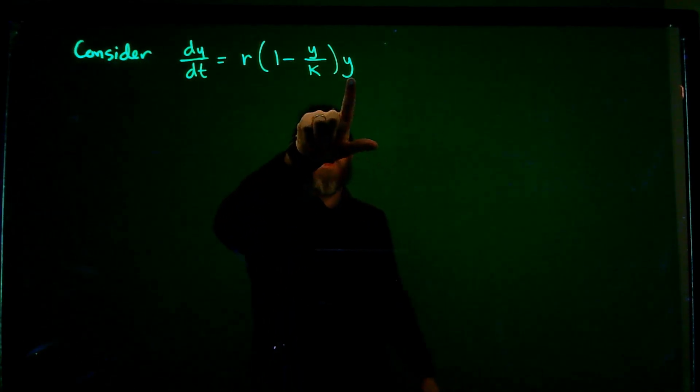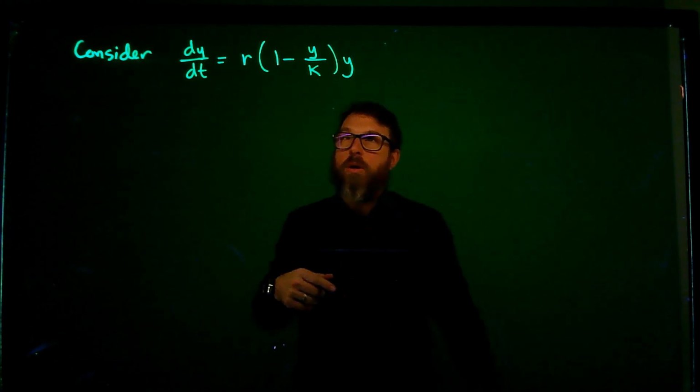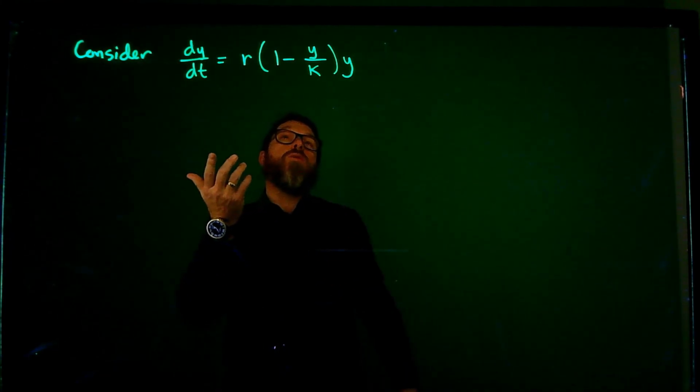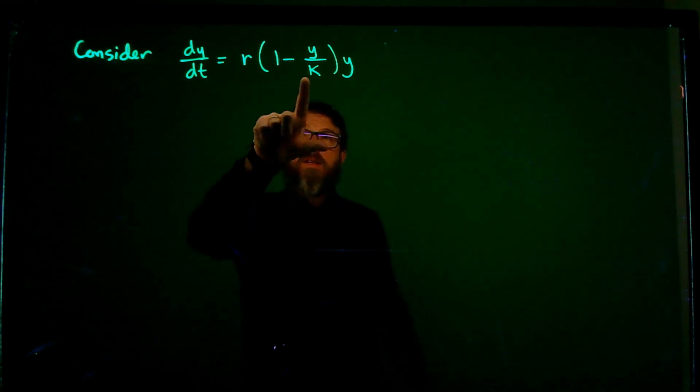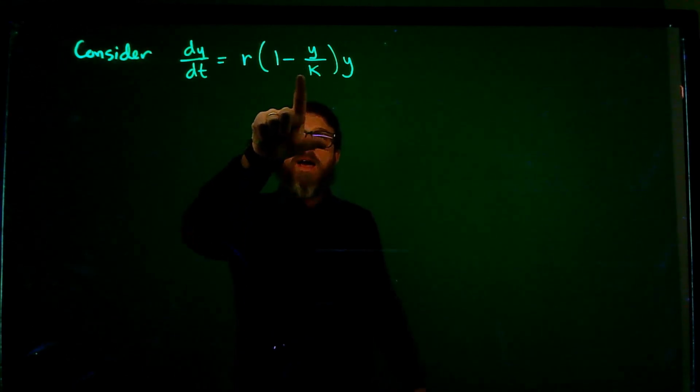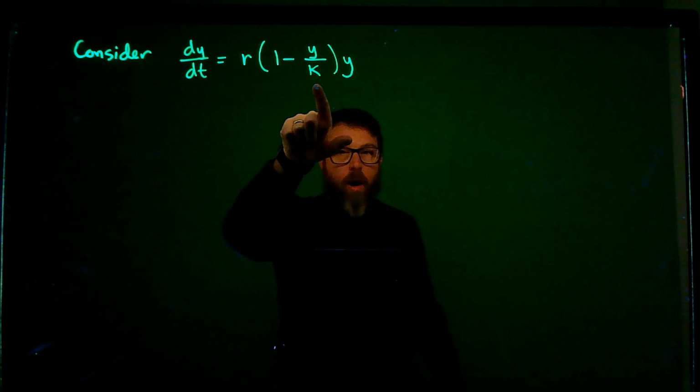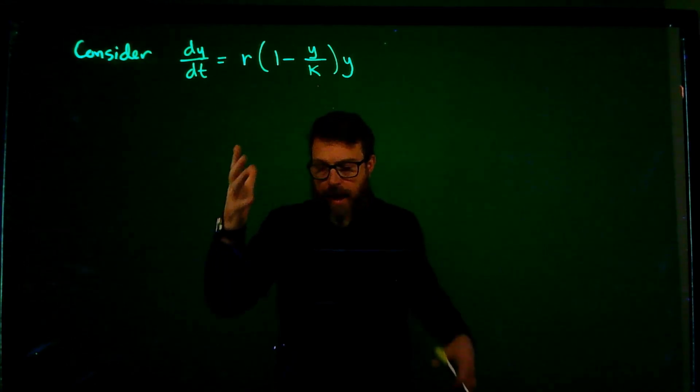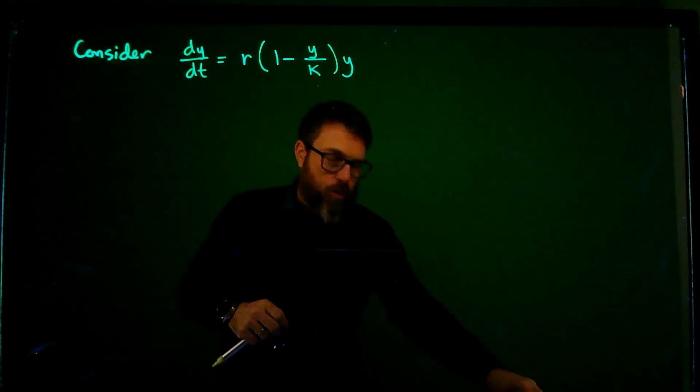So clearly when y is equal to 0, this entire thing is equal to 0. And also when y is equal to k, because if y is equal to k, this would be y over y, and I'd have 1 minus 1, which would also be equal to 0. So I can immediately tell you that I'm going to have 2 equilibrium points.